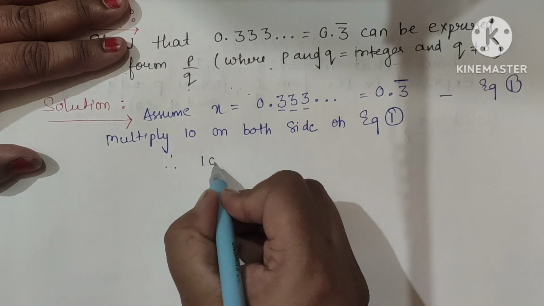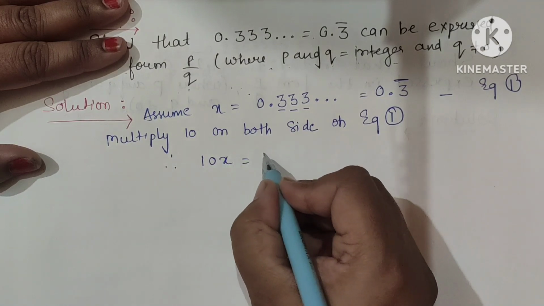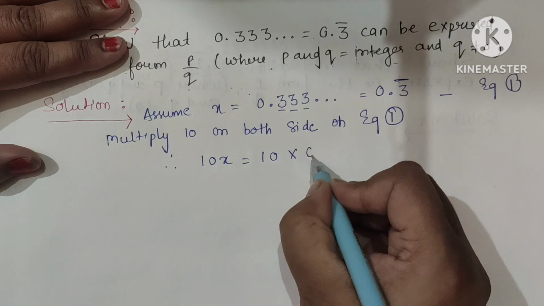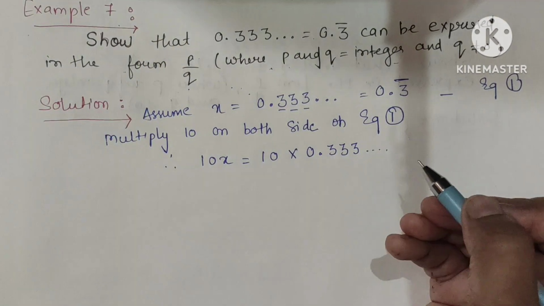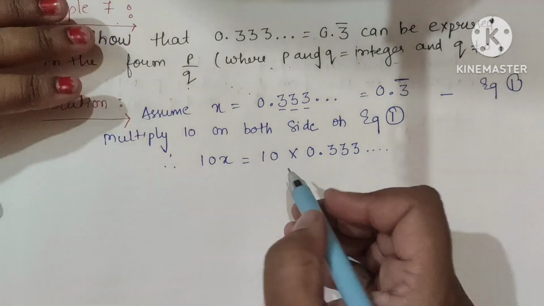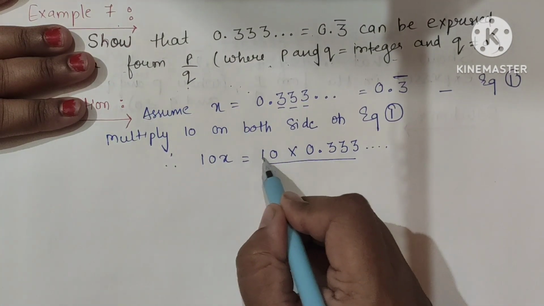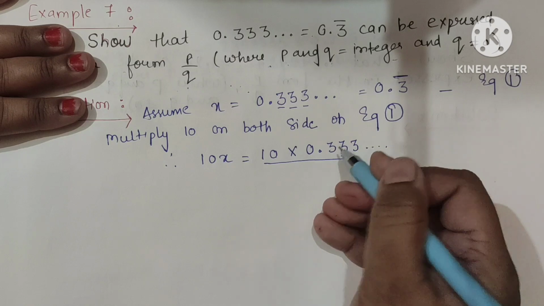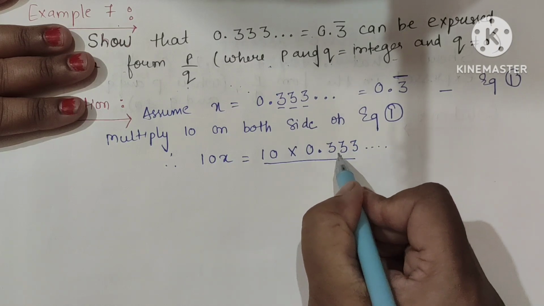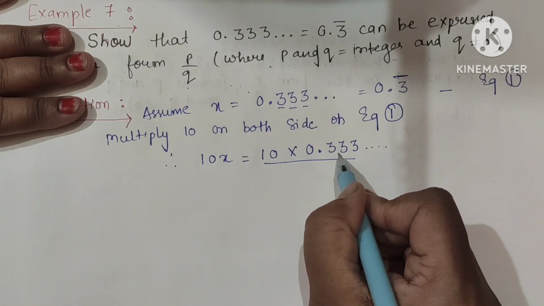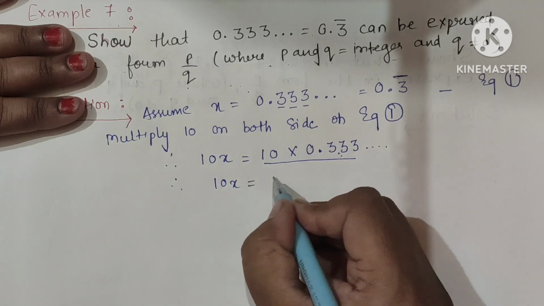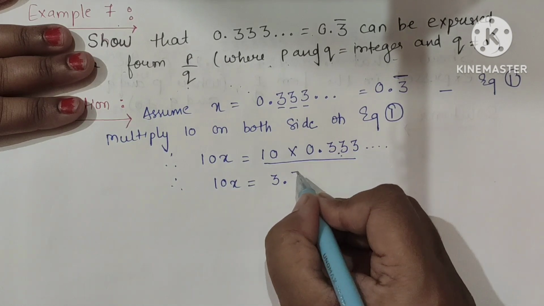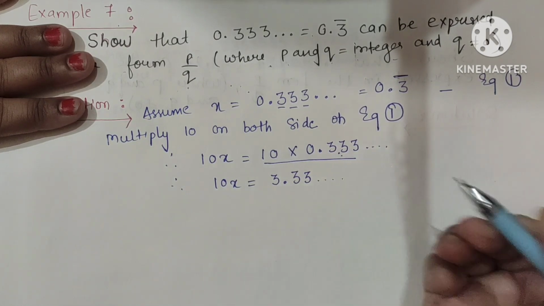Therefore, 10x is equal to 10 into 0.333 dot dot. Now if you multiply by 10 over here, the decimal will go one digit after. Therefore, 10x is equal to 3.33 dot dot.